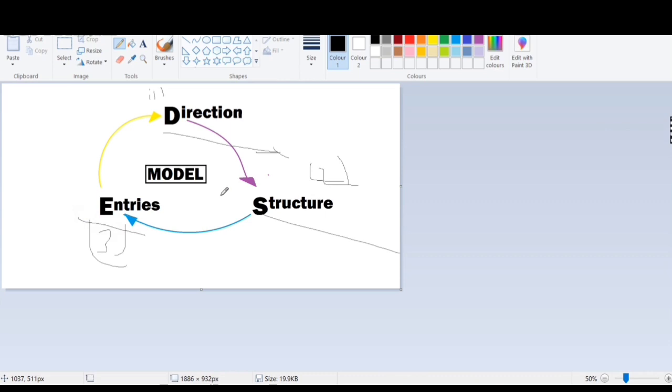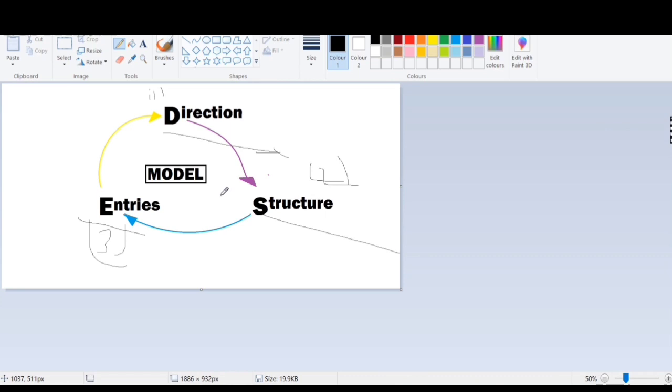Then for the structure, I look for the higher highs, higher lows on a slightly lower time frame. Then for my entries, I use a time frame in relation to what I want to do for that day. If I want to swing trade, I'll use the time frame that is relevant for that. If I want to scalp, I'll use the time frame that is relevant for that.